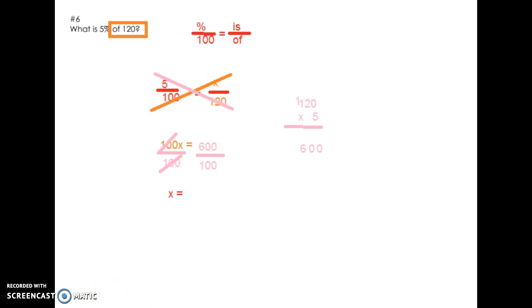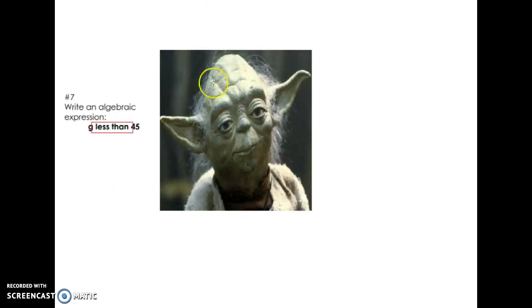Should be pretty easy. All right, number 7 says write an algebraic expression: g less than 45. There's a big rule when we come across the words less than. What we're going to do is think of Yoda terms. Master Yoda, he always talks backwards, right?